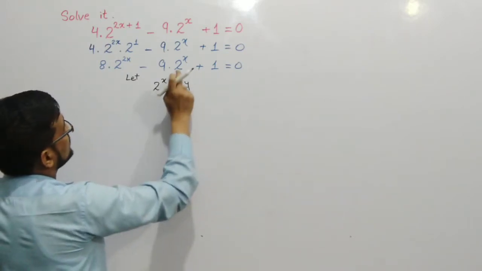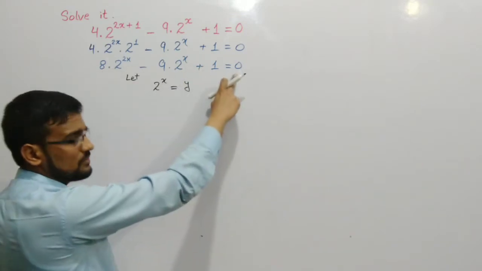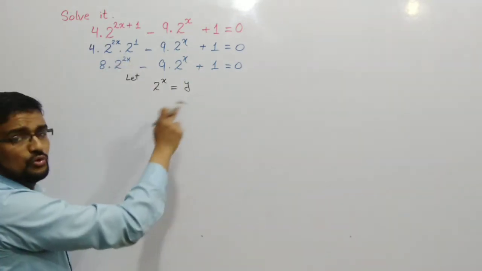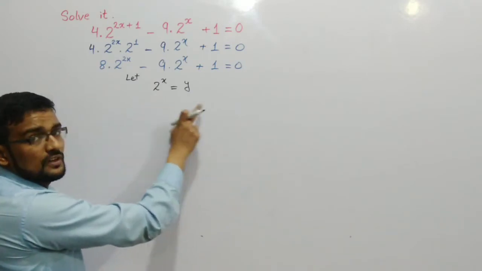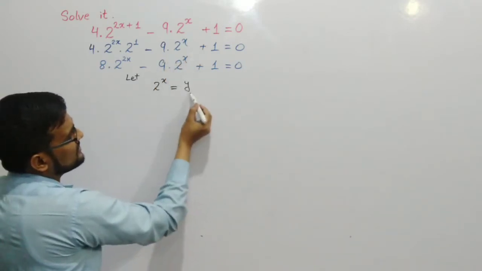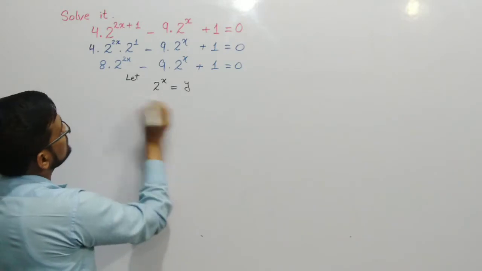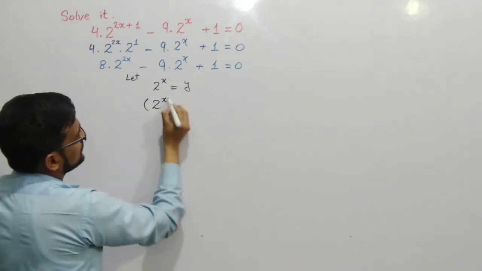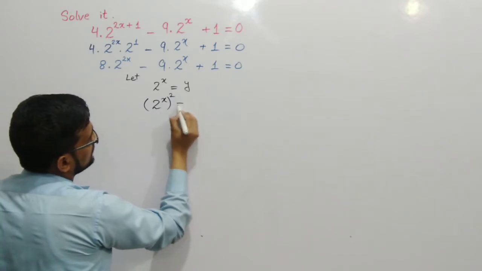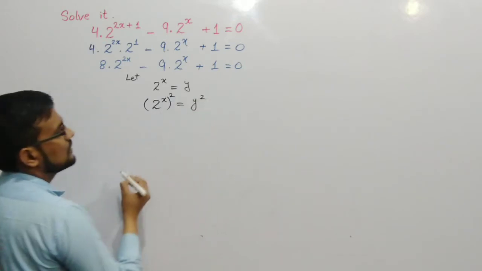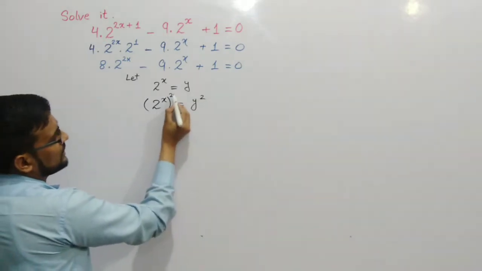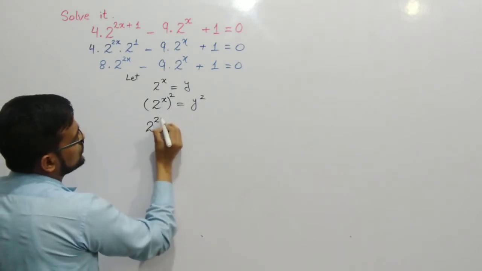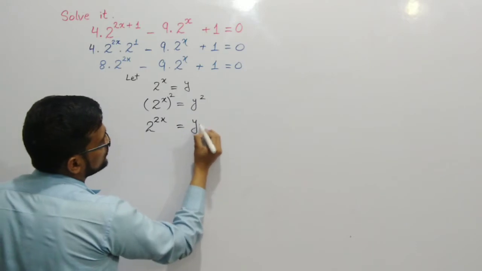Because this is a reducible quadratic equation, to convert it into a quadratic equation you need this substitution: 2 raised to power x is equal to y, and take the square on both sides. Then, due to the bracket, powers multiply with each other, and it becomes 2 raised to power 2x is equal to y square.